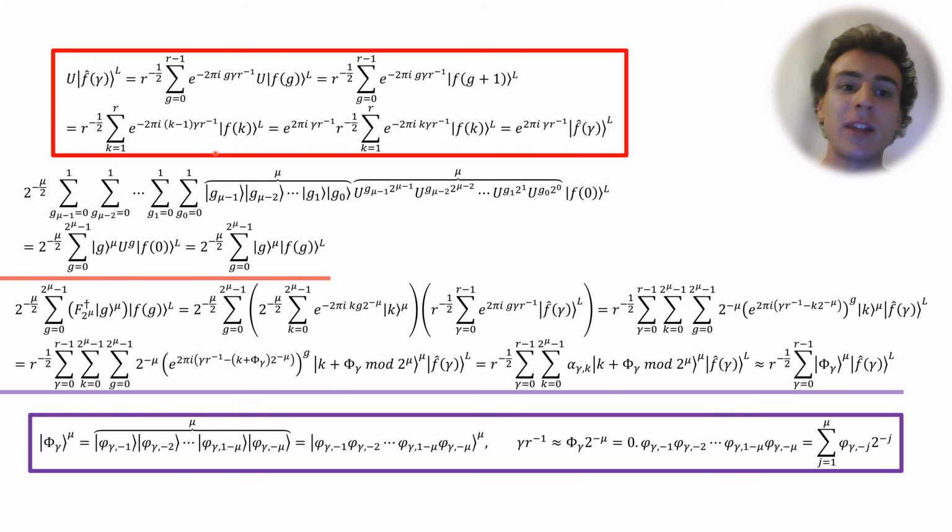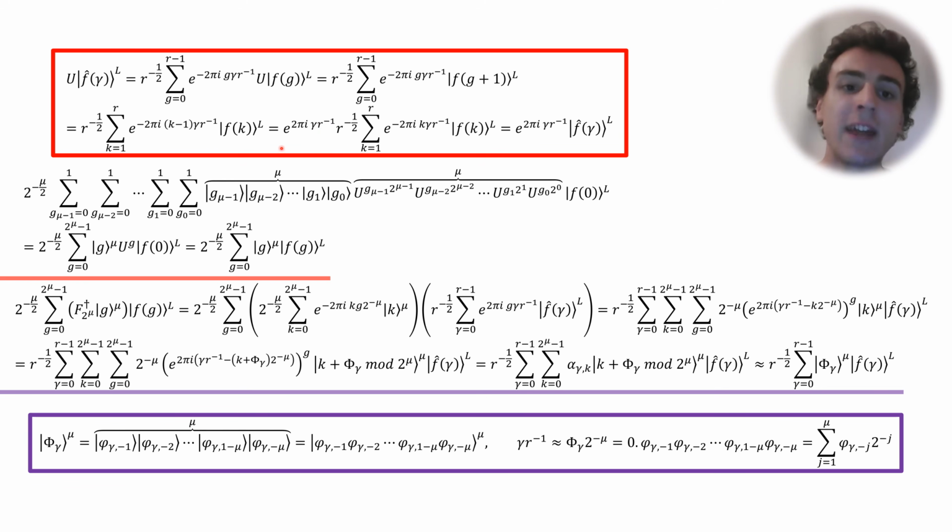And here's another thing that we can do. We can identify that we can break this complex exponential up into two factors. And we can take that minus 1, and that's going to cancel the minus sign out the front. And then we can pull out a complex exponential factor which does not depend on k. So that is equal to e to the 2 pi i gamma times r to the minus 1. So this is the same as the ratio of gamma and r inside this complex exponential.